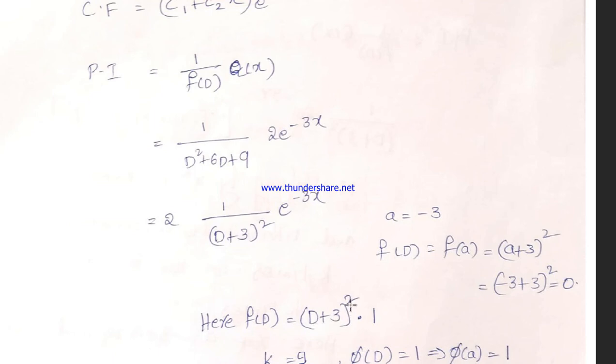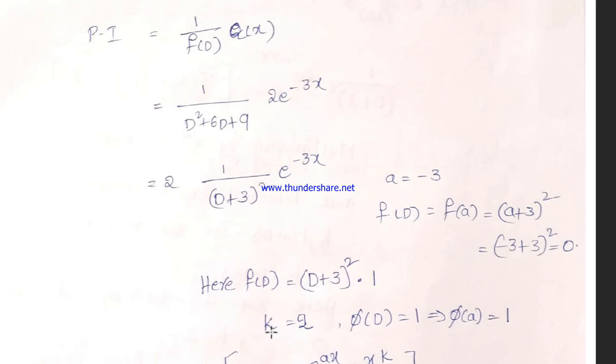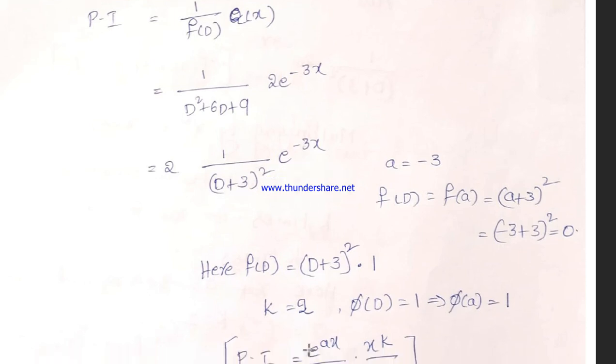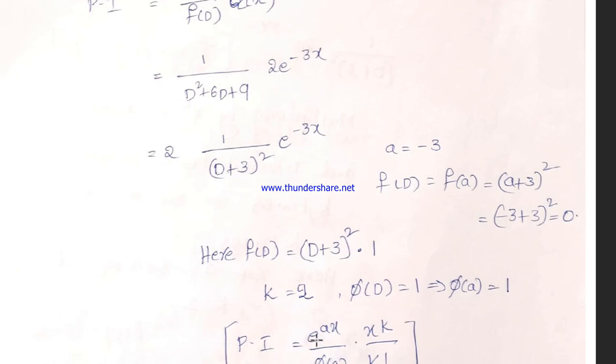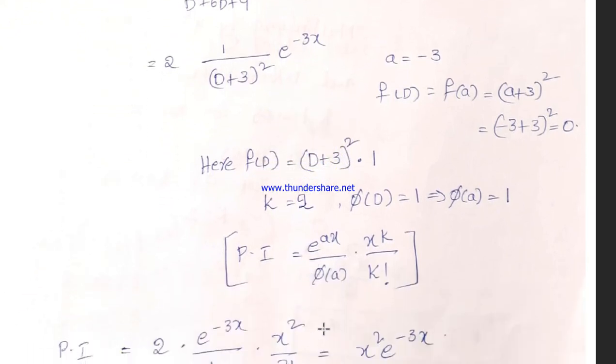K value is 2, so we can write k is equal to 2, phi of D is equal to 1, and phi of a is also 1, because here there is no D value. There is no need to substitute the a value in phi of D; only the phi of D value is 1, so phi of a is also 1, and the formula for particular integral is e power ax by phi of a into x power k by k factorial.